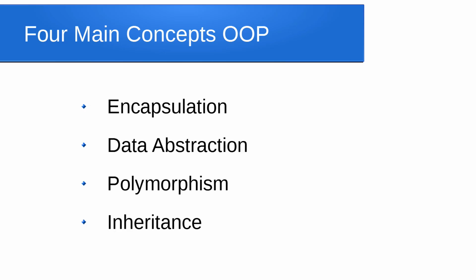The four main concepts are encapsulation, which is about keeping the internal state private to protect the data. Data abstraction, which is an extension of encapsulation, makes it easier to hide the details of internal operations to create simple, more stable interfaces. This means it's easier to change the code inside without breaking other things.